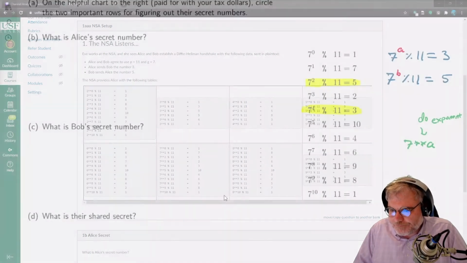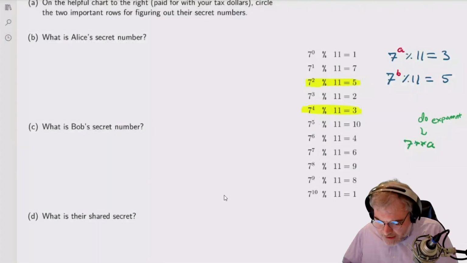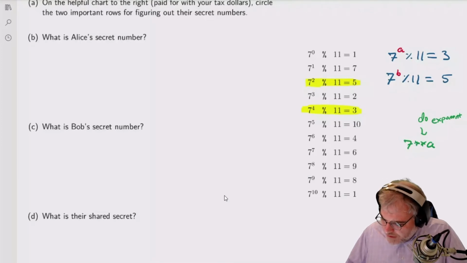All right. So now Alice's secret number must have been 2 because 7 to the 2 was 11. I'm sorry, must have been 4 because 7 to the 4 mod 11 equals 3.